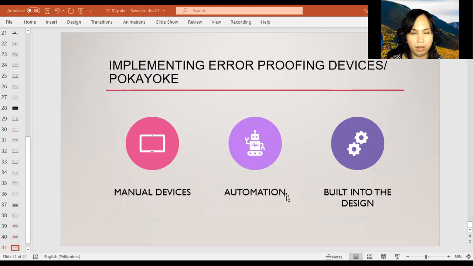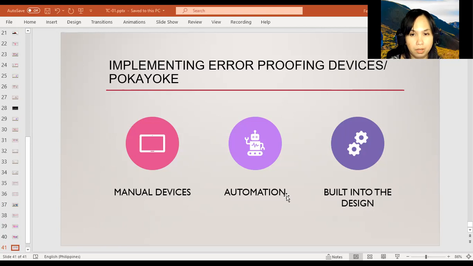Then second, we have automation. We can leverage automation. For example, we may use photoelectric sensors or other sophisticated vision systems in order to verify parts that have been properly produced.